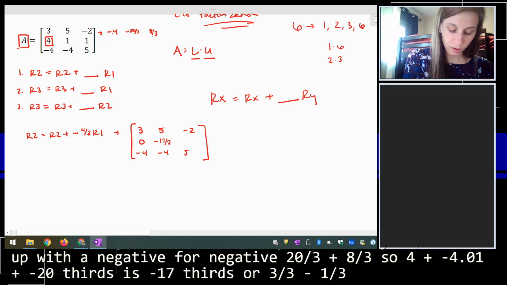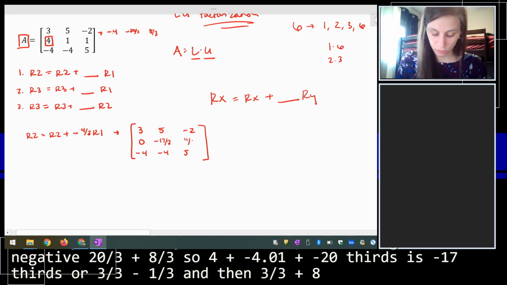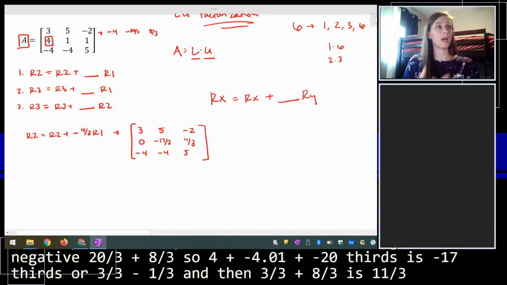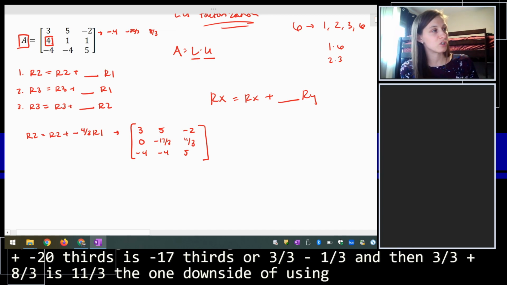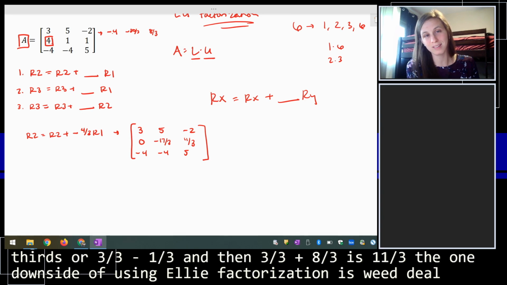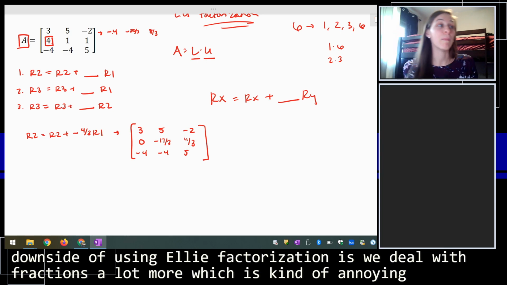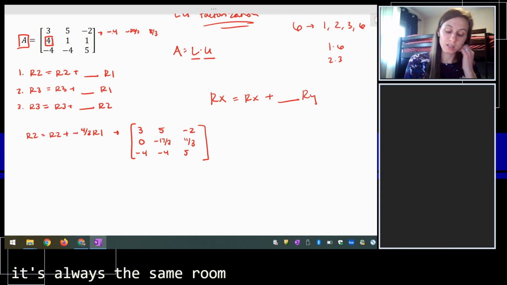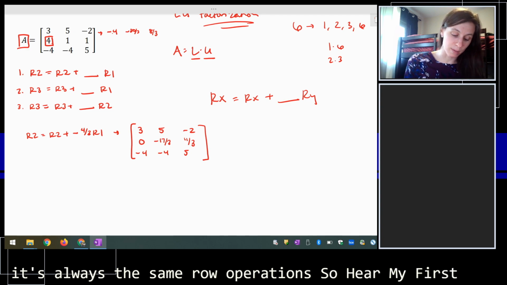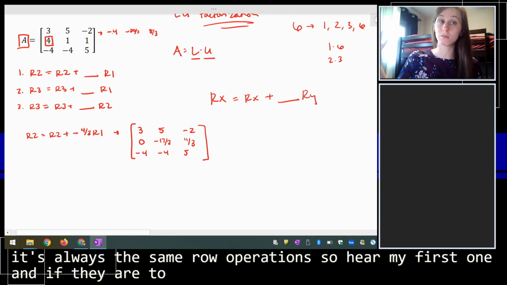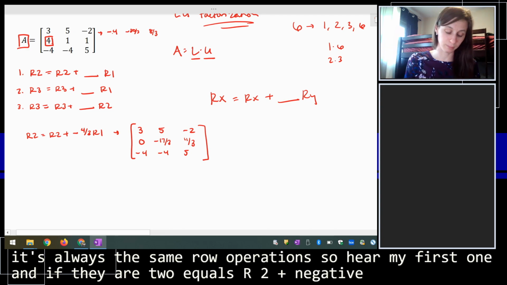And then 3/3 plus 8/3 is 11/3. The one downside of using LU factorization is we deal with fractions a lot more, which is kind of annoying. But it's always the same row operations. So here, my first one, I'm going to say R2 equals R2 plus negative 4/3 R1.